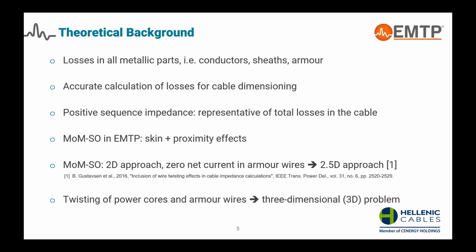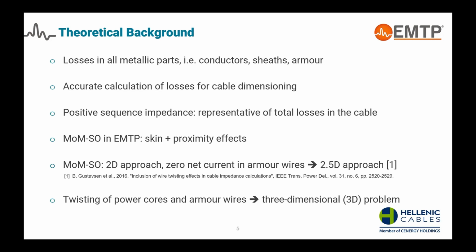In EMTP, we can include in these simulations both skin and, now from version 4.2 and afterwards, proximity effects. In general, EMTP is a two-dimensional approach, but it can be extended to a 2.5D approach, let's say, by eliminating the zero net current in armor wires. And this is very nicely presented in the paper I mentioned below.